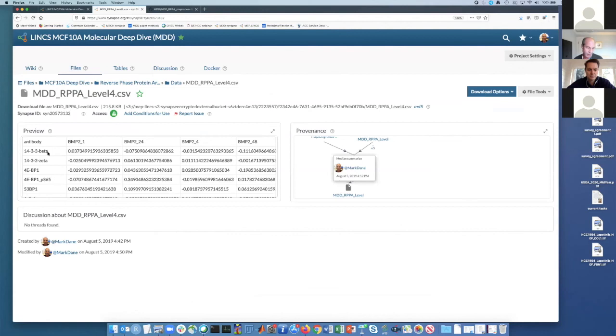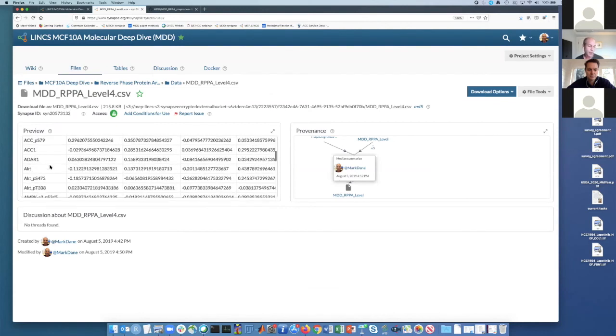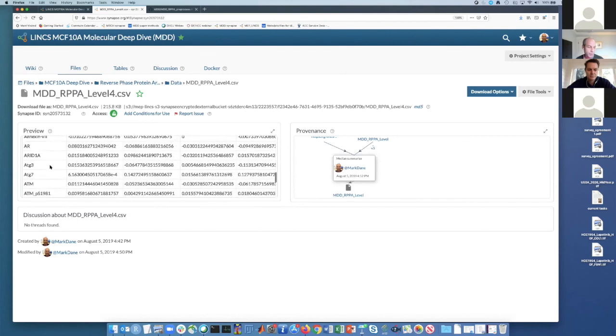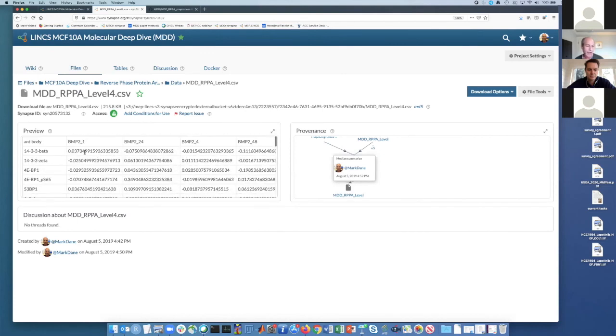Every row for the RPPA is a protein that's been measured in that RPPA assay, and every column is a different condition that was run. So here it's the BMP2 condition at time 1, at hour 24, at hour 4, at 48. Again, these are summarized CSV files that are relatively easy to use.